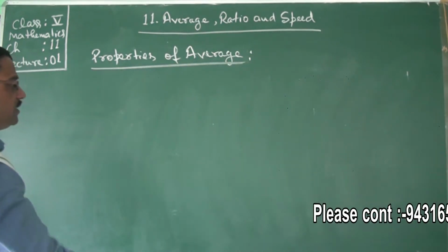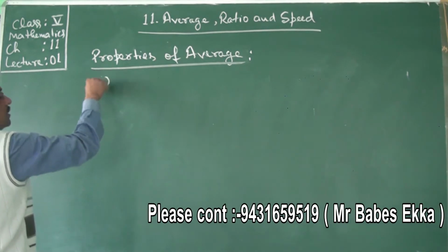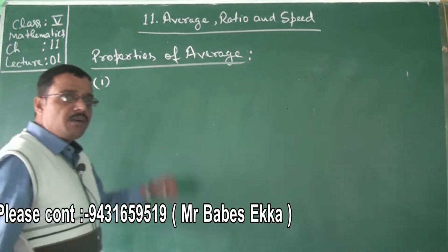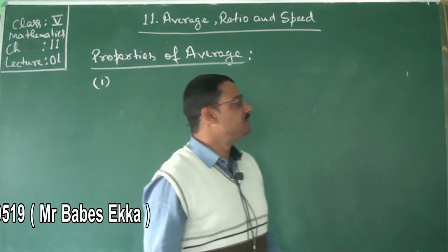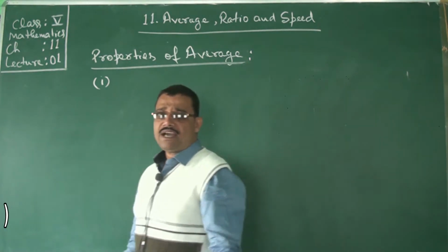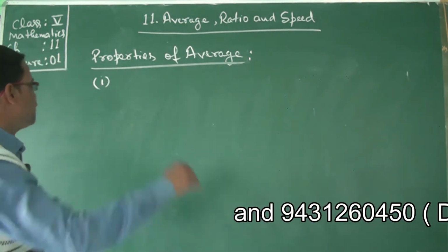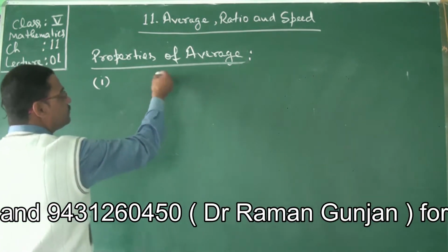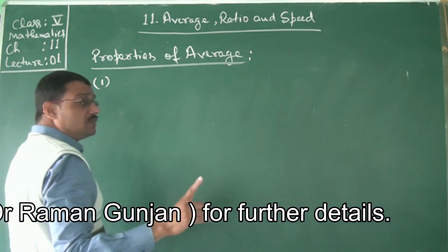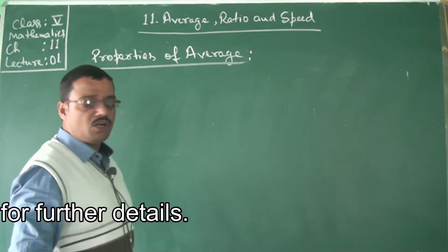The first one: once you have found the average, then the sum of the quantity is always the product of the average and the number of quantities.